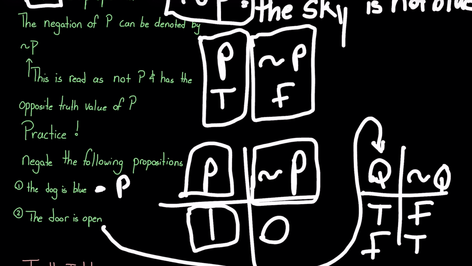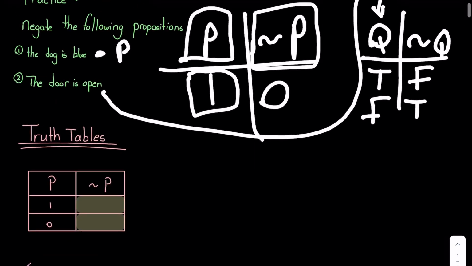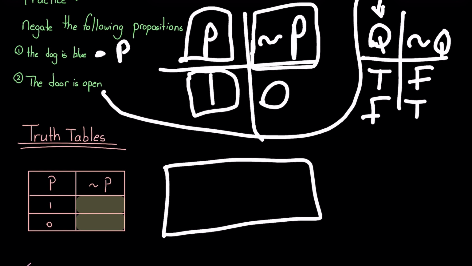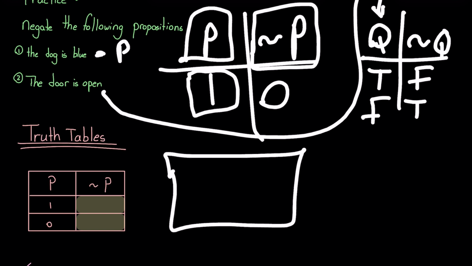Okay, moving on. Truth tables. So we actually have a way that we write truth tables, and this is that exact way. We write truth tables in a table, as you could have guessed. My text to shape is not working, so I'll just draw this by hand.